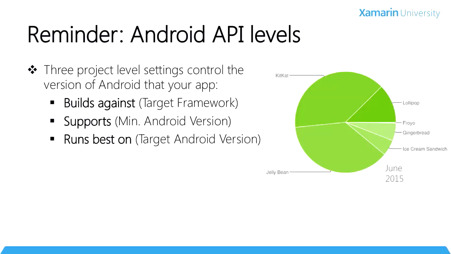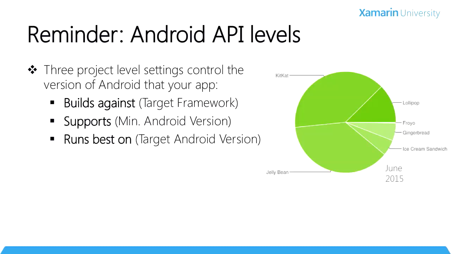The minimum Android version defines the oldest version of Android that our app is going to work with. Now, this really is a promise that we don't use anything that is not available on these older devices. But with the target version, we say this is what it really runs best on. This is what we optimized for.